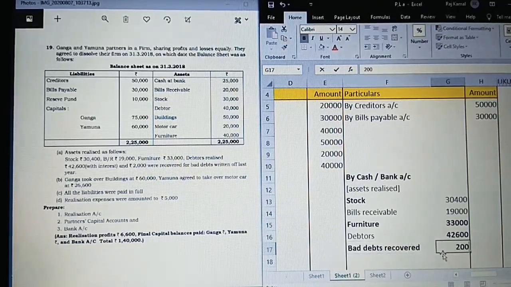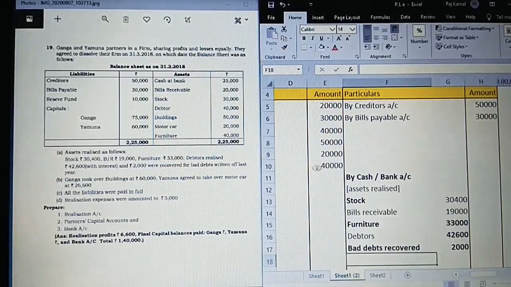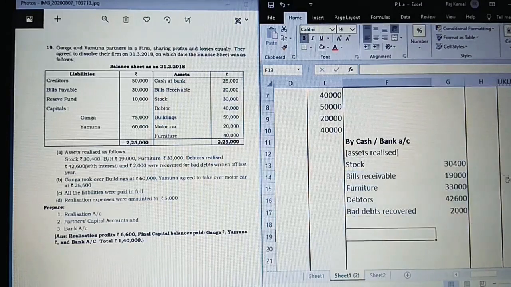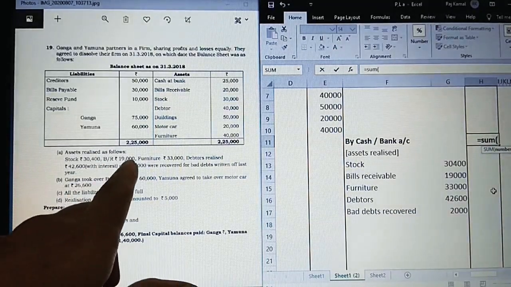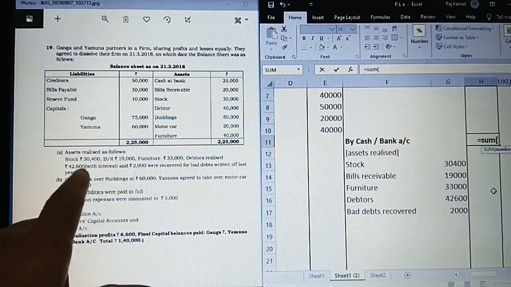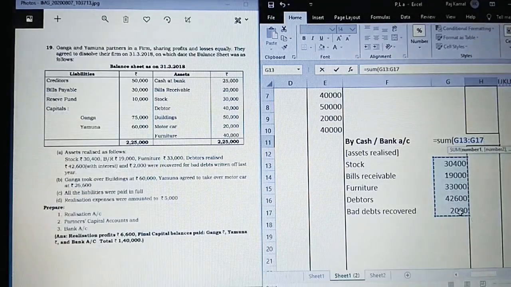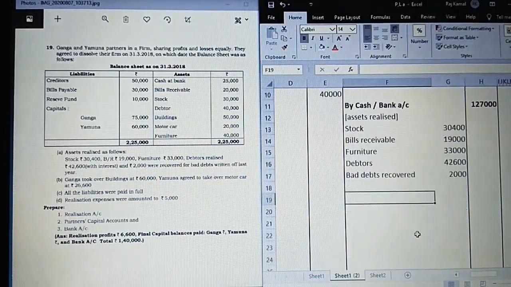What was written off is now recovered. So this is also an income for us. So we have to take it. See, very simple it is. I'm going to take the value now. The first adjustment is completed, right? You have taken all: 30,400, 19,000, 33,000, 42,600 and 2,000. Let's take the total of this. 1,27,000 is the total which we got.